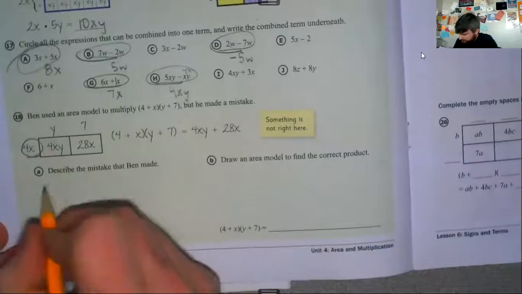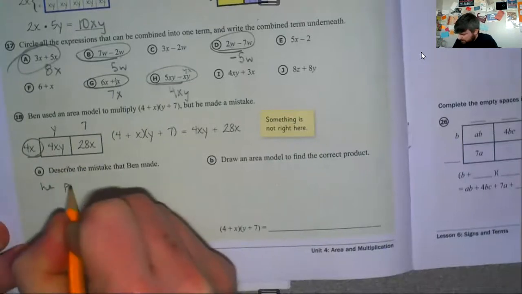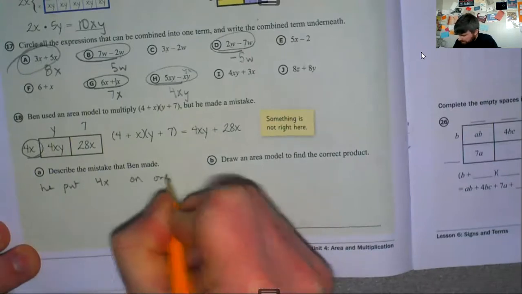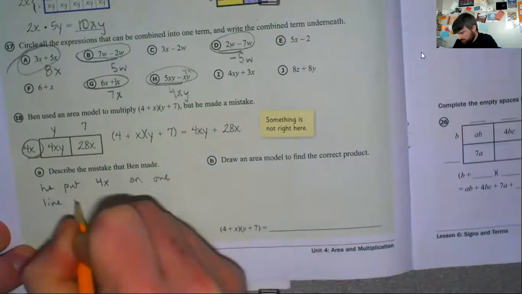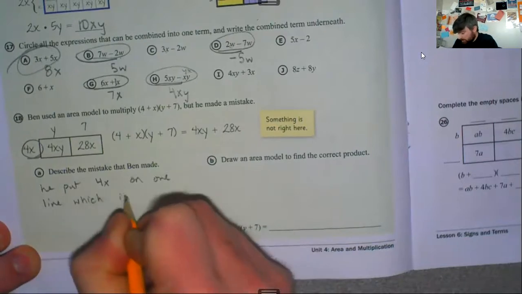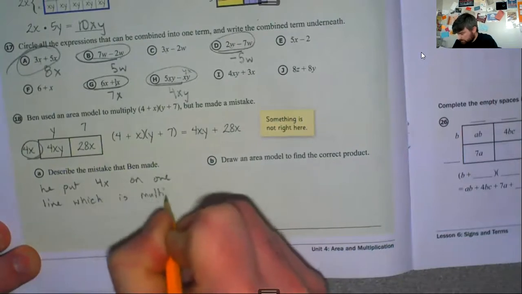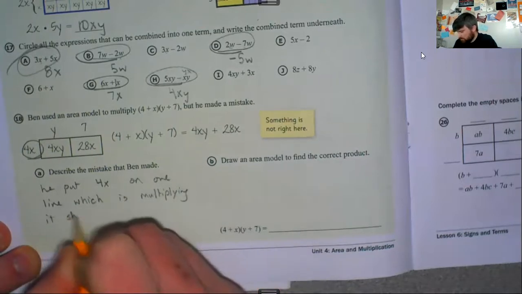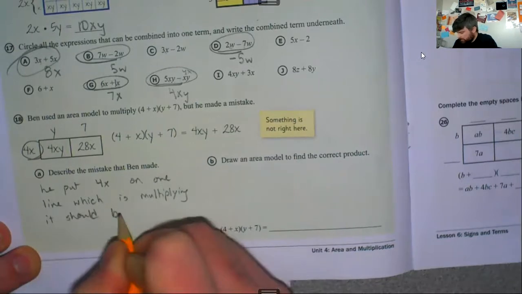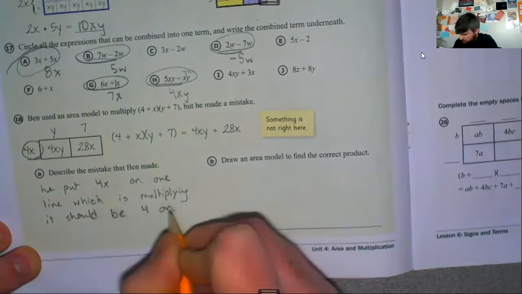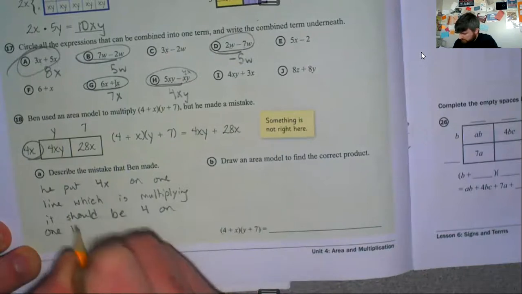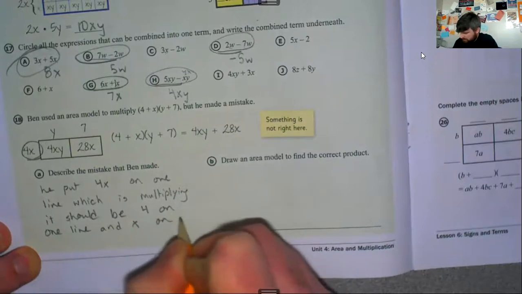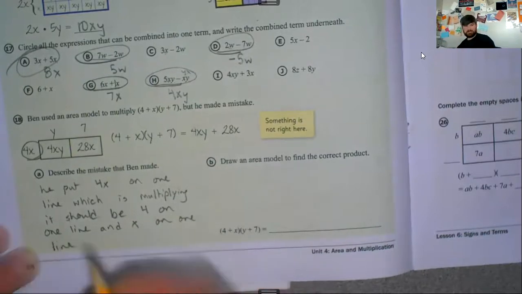So he put 4x on one line, which is multiplying. It should be 4 on one line and x on one line. You got to separate those.